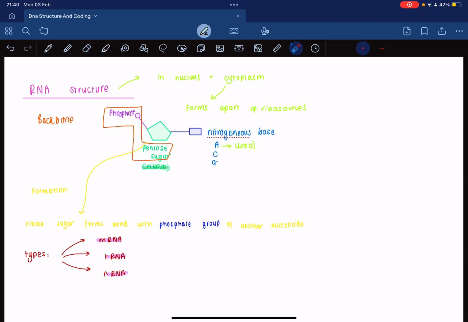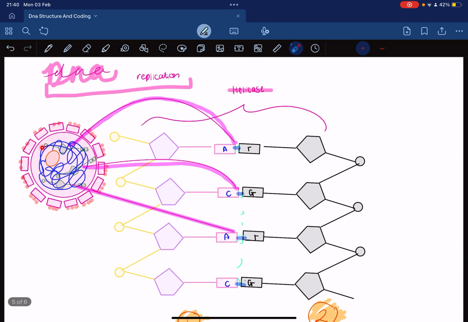So let's go into mRNA and actually discuss what that is. mRNA is formed in the nucleoplasm. Where's our nucleoplasm? This is our nucleoplasm. And it uses DNA as a template. So mRNA, remember, is a single strand with an unlimited number of nucleotides.